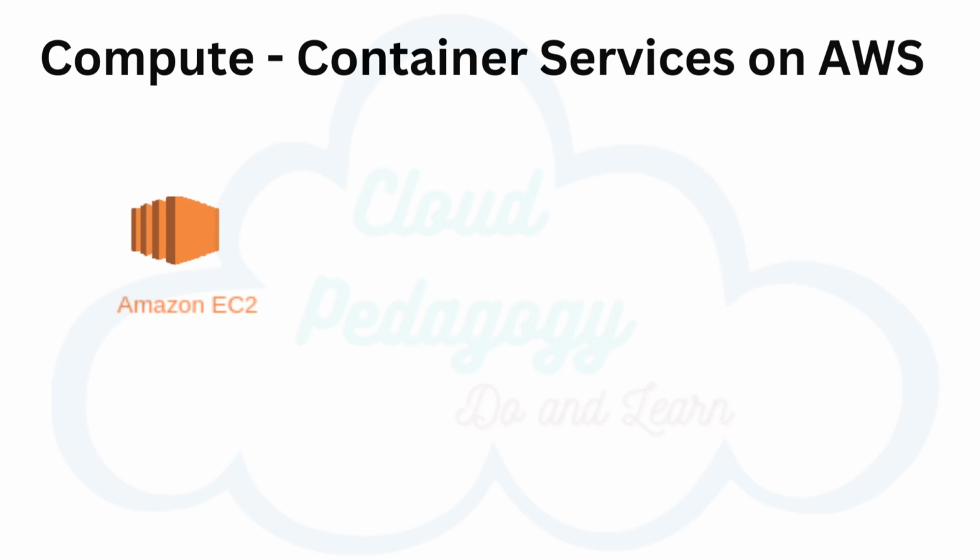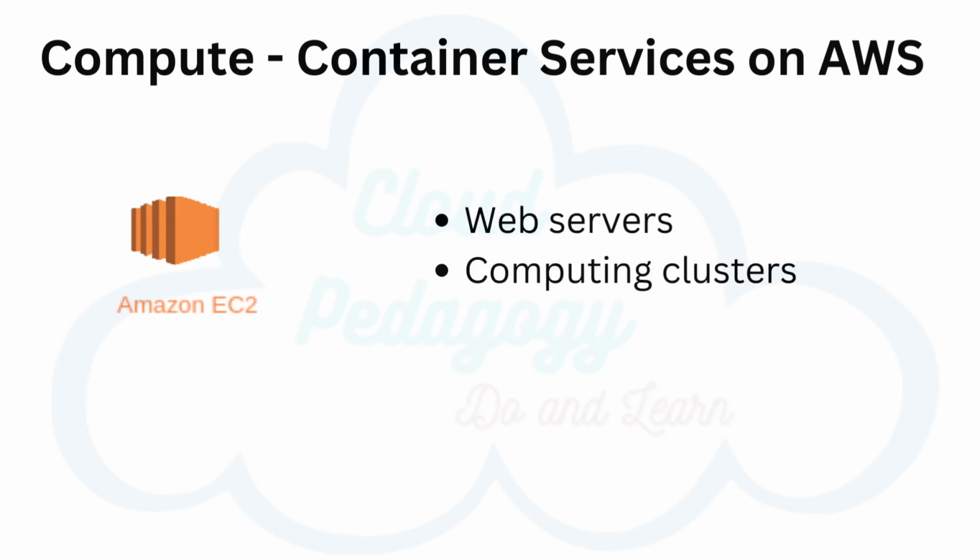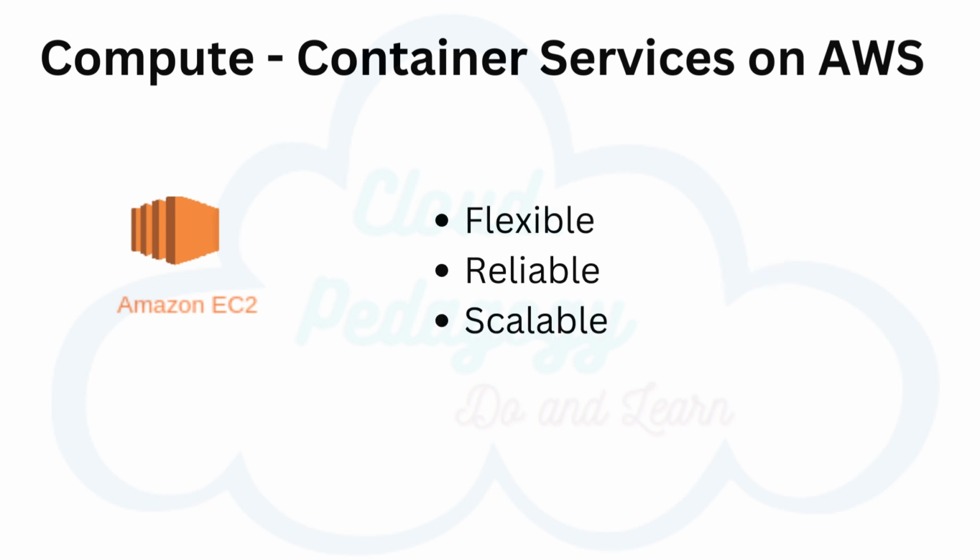Of course, EC2 is great for all sorts of different use cases, from running a basic web server to running high performance computing clusters as well. Although EC2 is incredibly flexible, reliable, and scalable, depending on your use case, you might be looking at alternatives for your compute capacity.